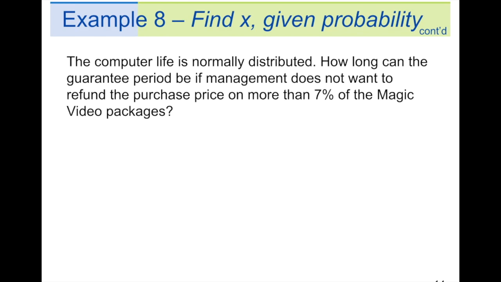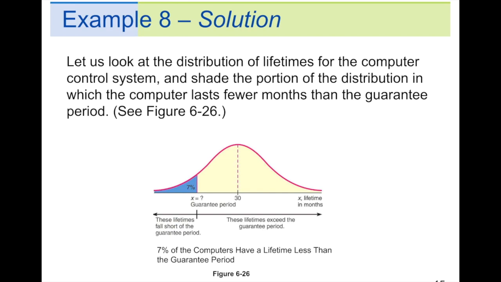How long can the guarantee period be if management does not want to refund the purchase price on more than 7% of the Magic Video packages? Let us look at the distribution of lifetimes for the computer control system and shade the portion of the distribution in which the computer lasts fewer months than the guarantee period.